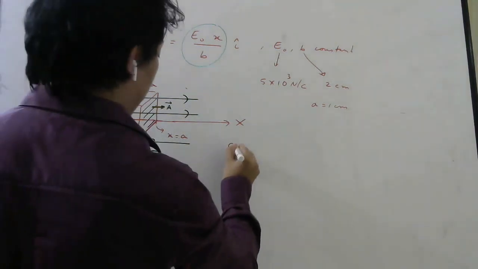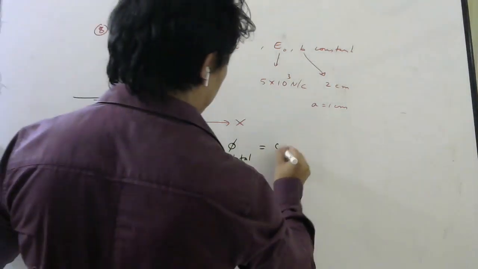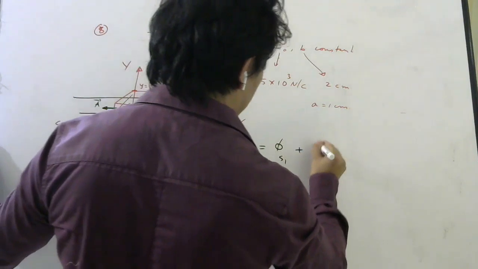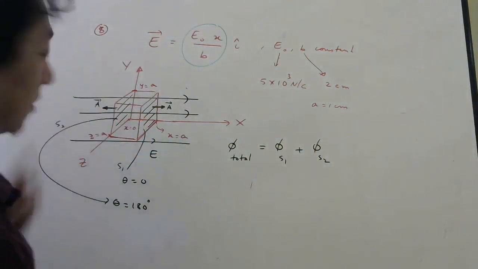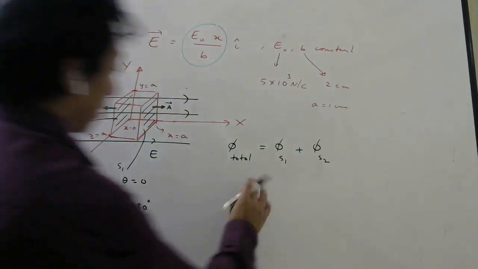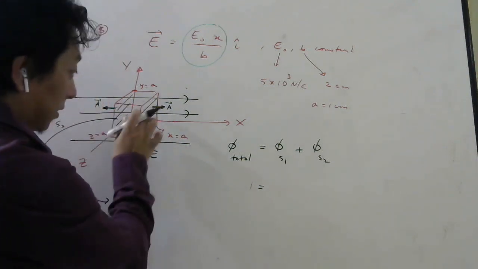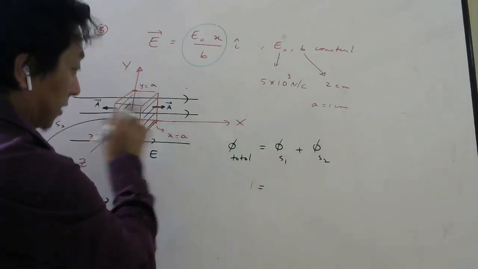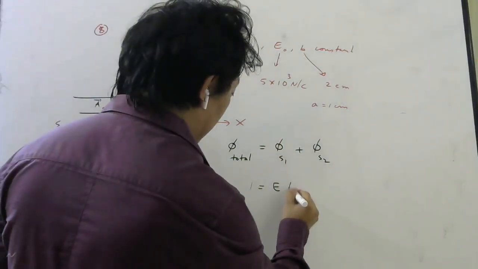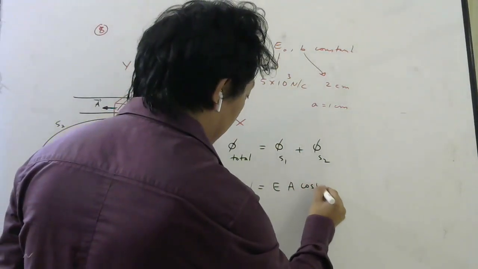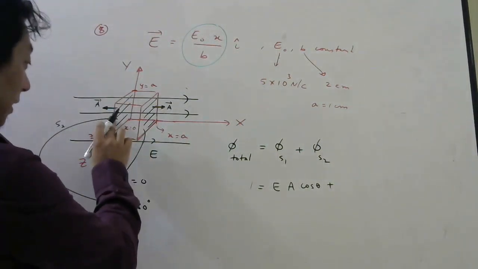So the total flux through the cube will be flux through S1 plus flux through S2. S1 means this surface, S2 means this surface. Now, since this is a plane surface, electric flux I can write as E A cos theta. But will the electric field here and here be the same?